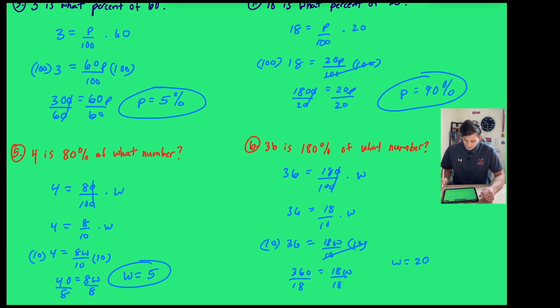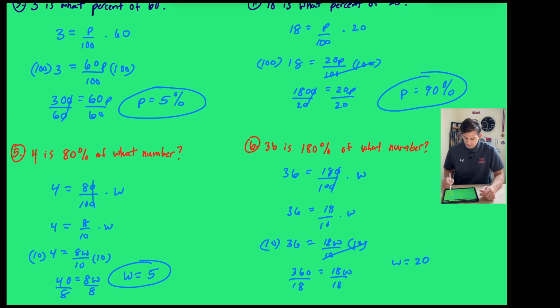So 36 is 180%. I know at the beginning of this problem I said we should be expecting to find a number larger than 36. Well, I mentioned that a little bit incorrectly. What I meant to say was the number that we're trying to find should be less than 36, because what does it say? 36 is 180% of what number? Which means 36 is more than our number that we're trying to find, right?